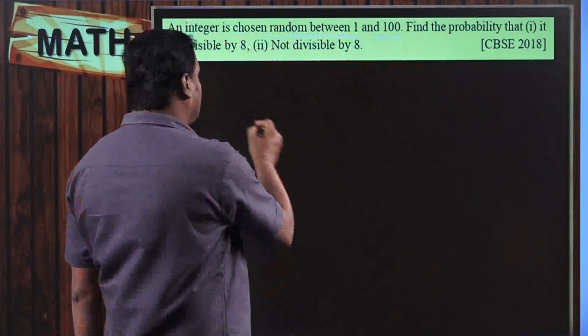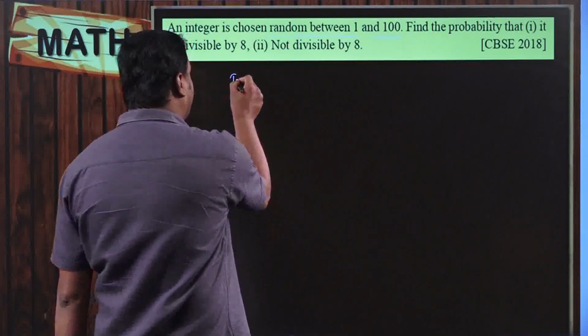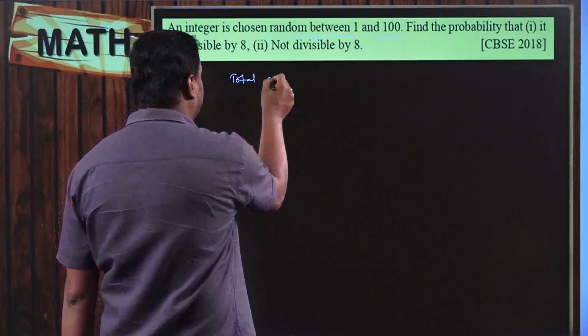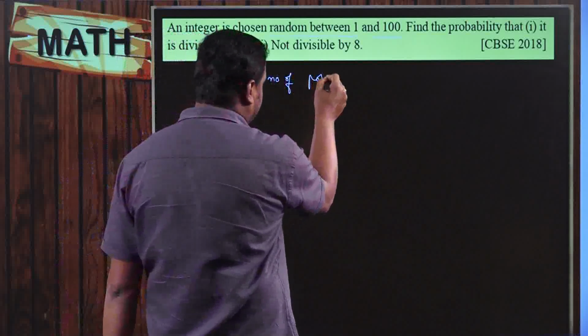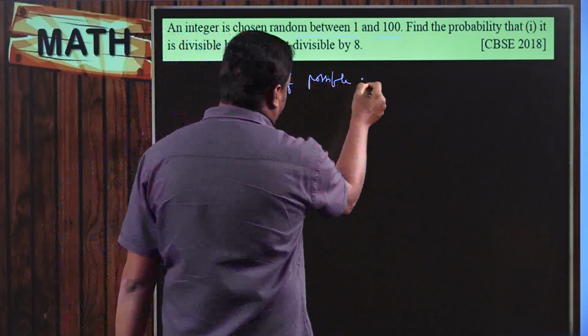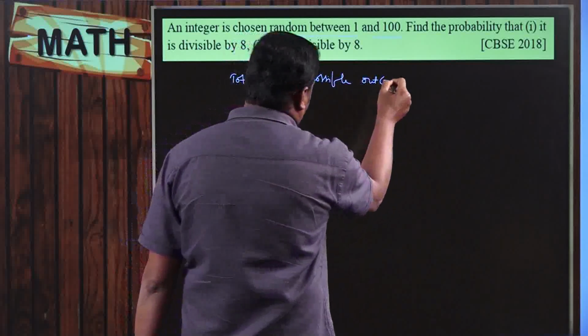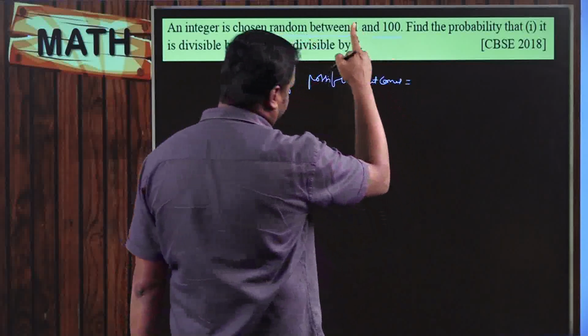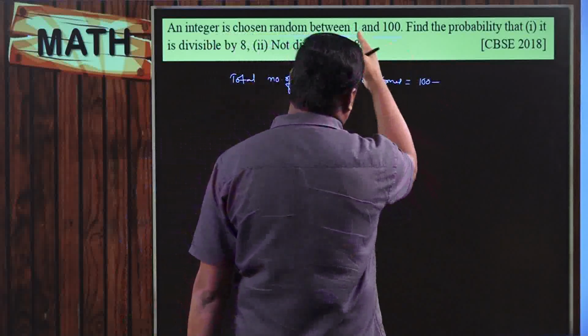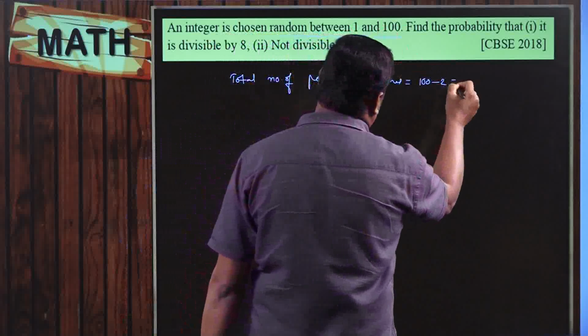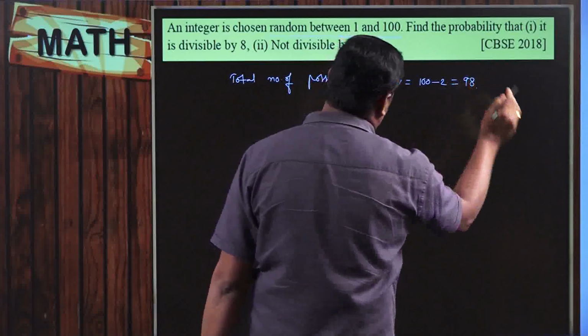So what is the total number of possible outcomes? Out of 100 numbers, we are not including 1 and 100, which is equal to 98 only.